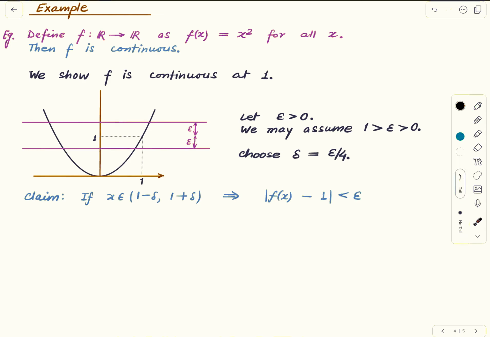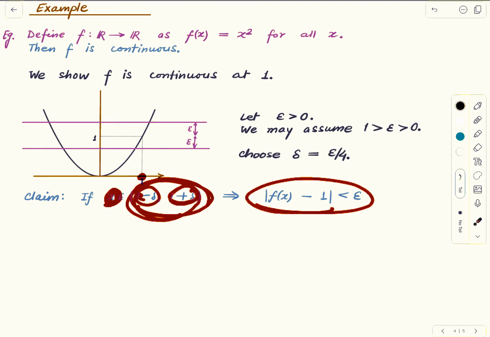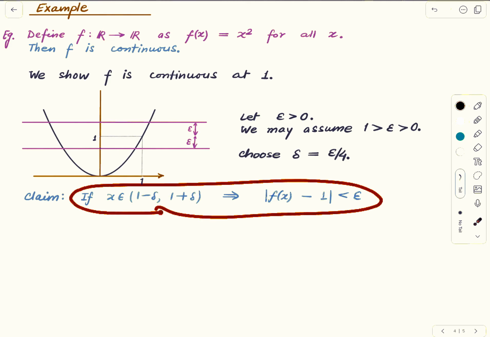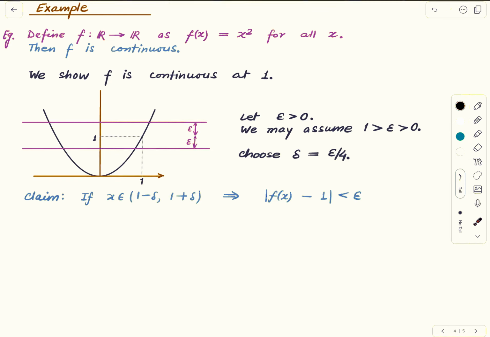If you call this point x0, then the left side is x in x0 minus delta, x0 plus delta, the delta neighborhood of x0, and the right side says that f of x and f of x0 are at a distance less than epsilon. So this will establish the Epsilon-Delta criterion and hence prove continuity of the function at 1. So why is this? Very simple.